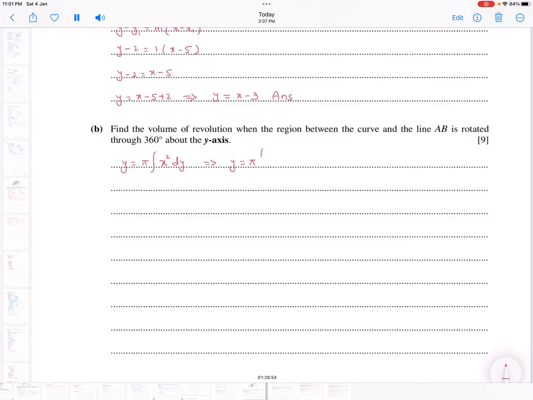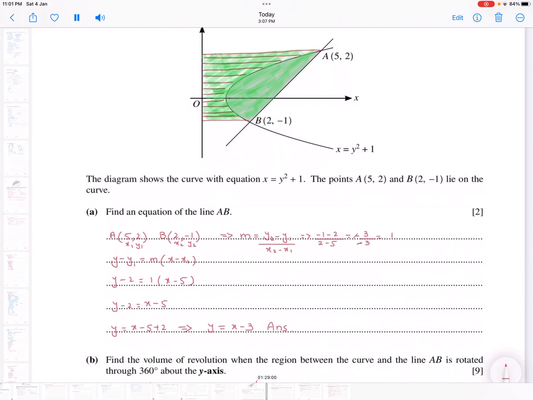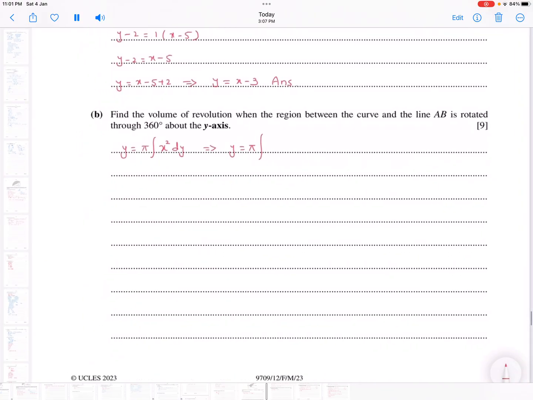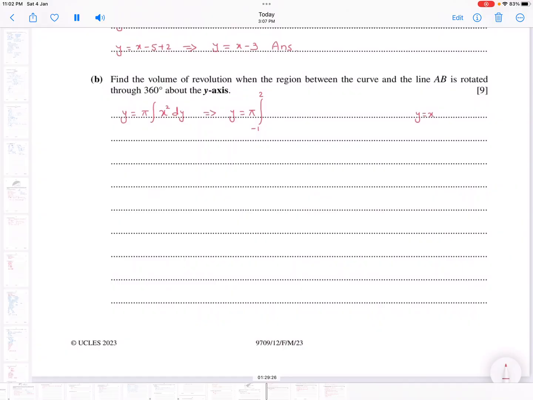I'm going to use the equation of the straight line, which I have made y equals x minus 3. So I will make x the subject: x equals y plus 3.